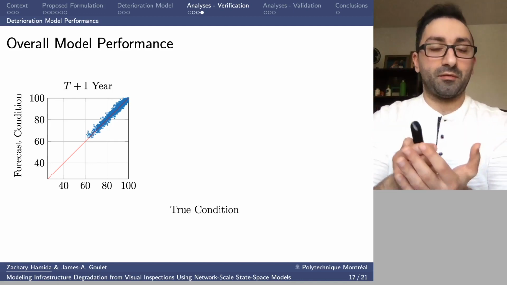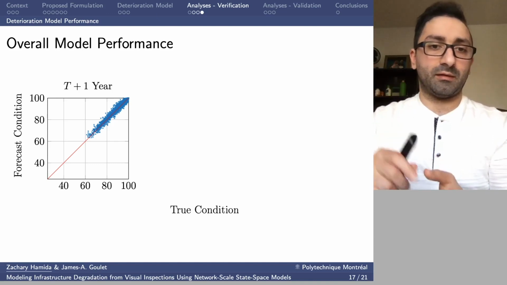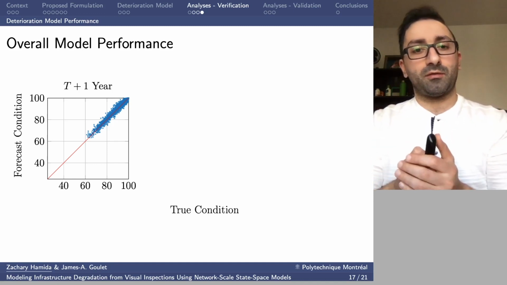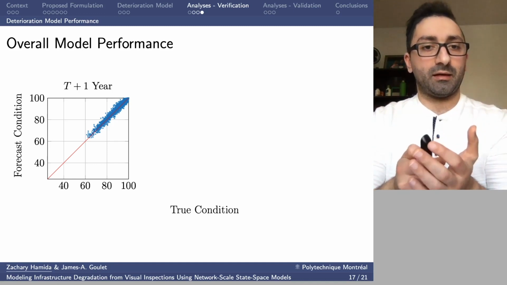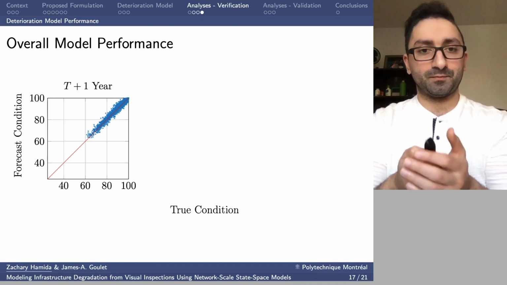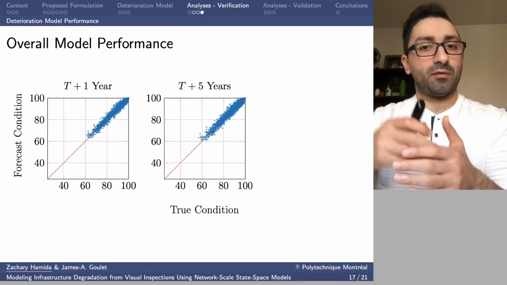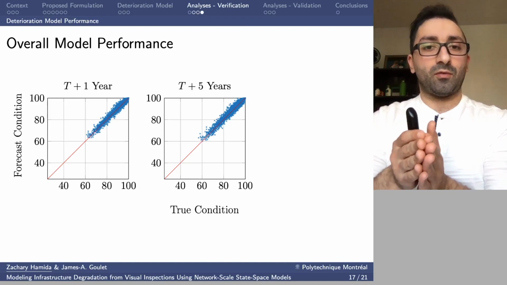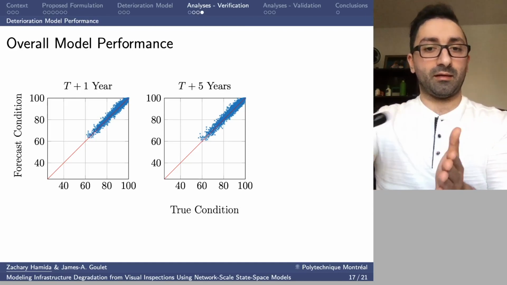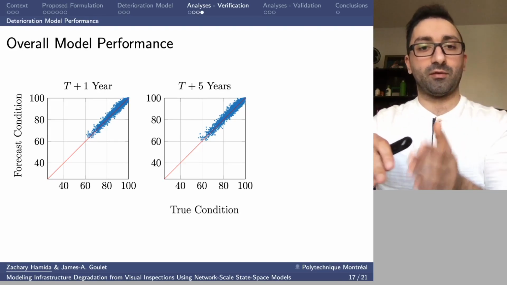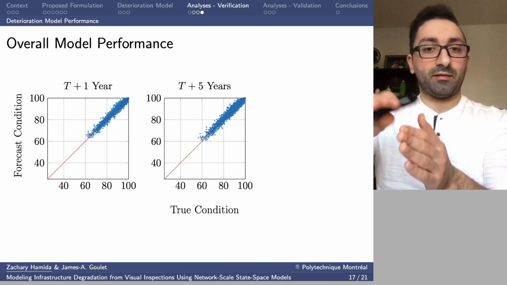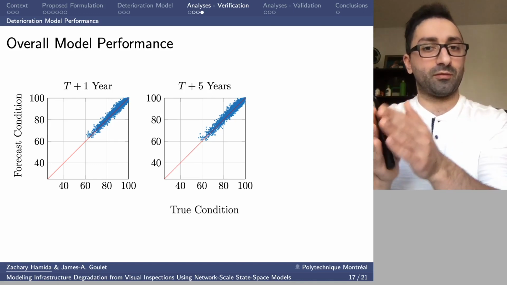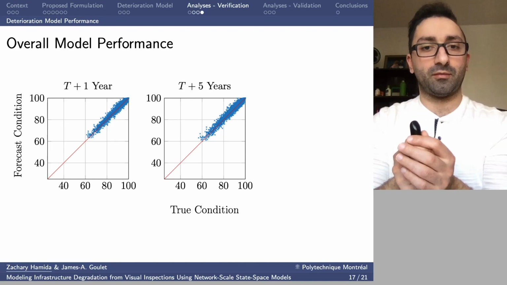And again, if I am perfect, I should land on the red diagonal. As you can see, the scatter plot for the population of structural elements shows a really good alignment with the diagonal. Now, if we go farther in time and take a forecast for 5 years, again x-axis true, y-axis forecast, we see that the scatter plot is also well aligned on the diagonal with a little bit more spread, but it's still a really good performance.